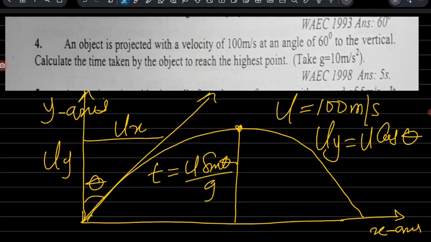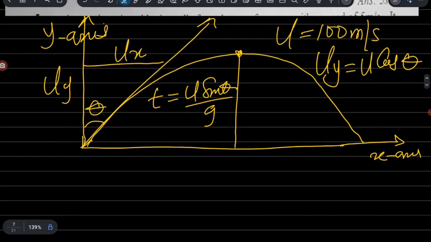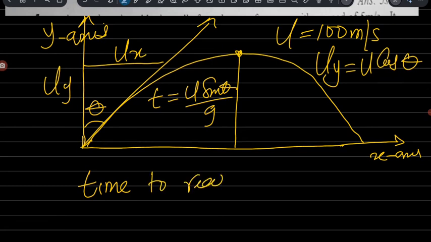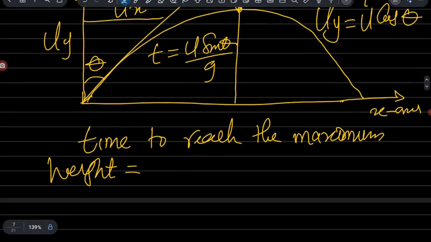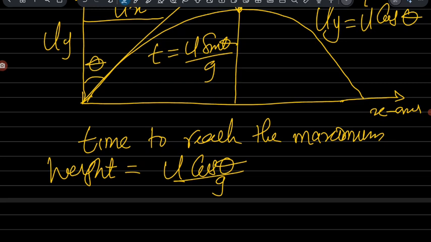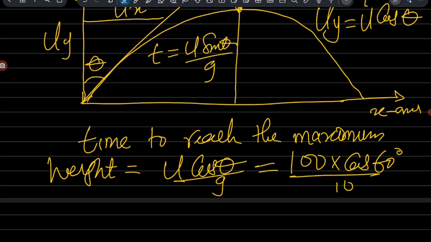So therefore, our time to reach the maximum height will now be u cos theta over g, which is equal to, and our u is 100 times cos 60 degrees over 10.